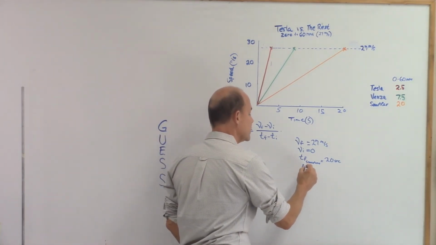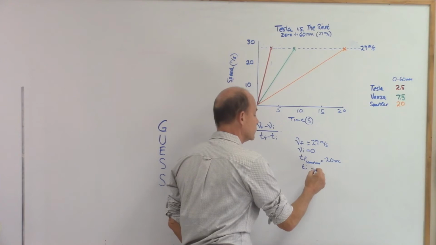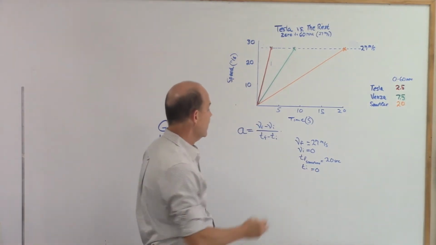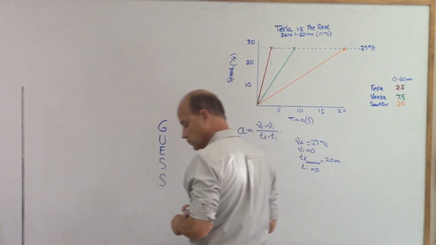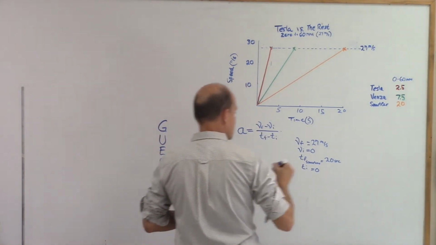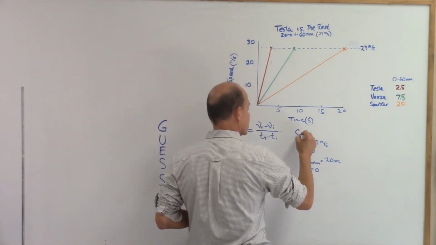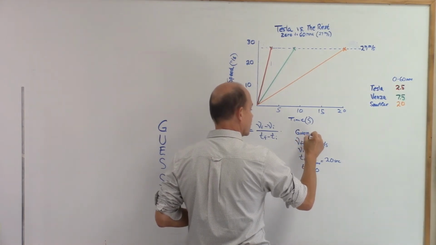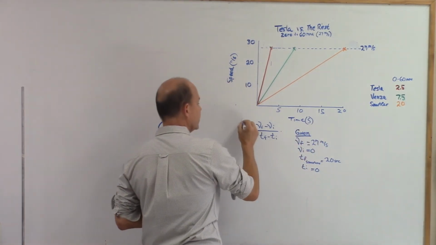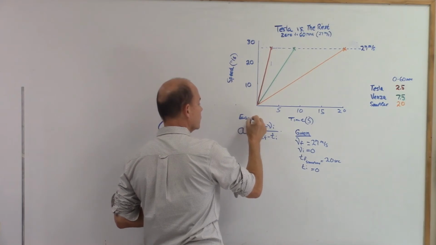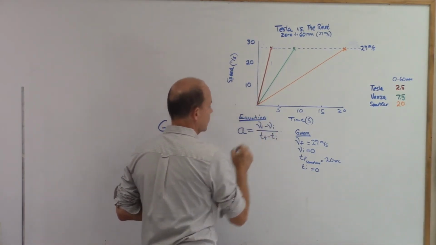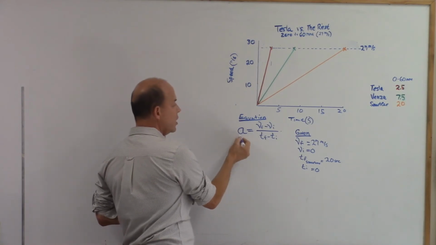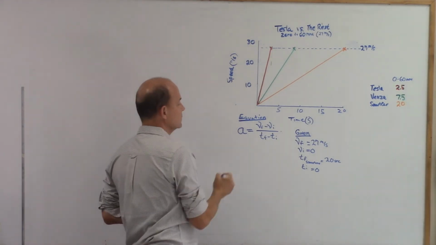So our initial time is equal to 0. This is our given information. This is our equation. This is our unknown. This is what we're trying to find out.